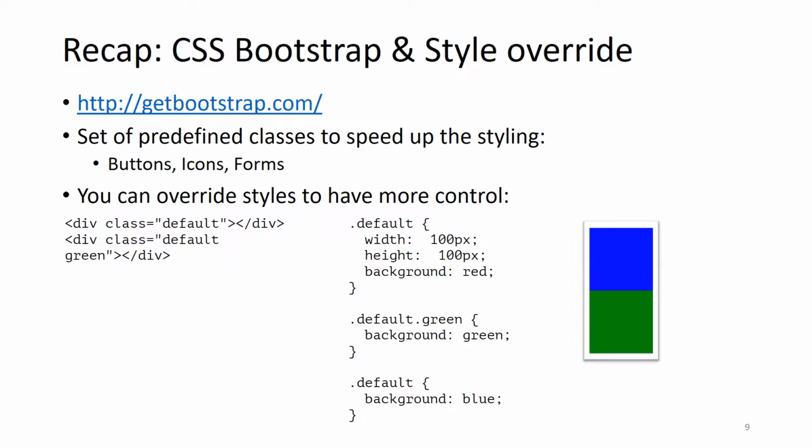Yes. Order. What about defining styles? Like define backgrounds red first and then define backgrounds blue next? Yes, for the same complexity selectors, it matters. So here I have selector of complexity 1, selector of complexity 1. So this I defined later.